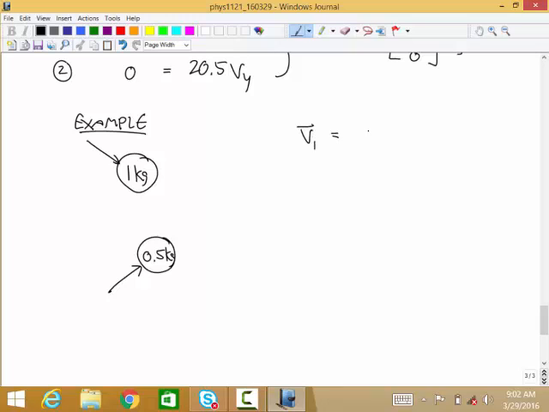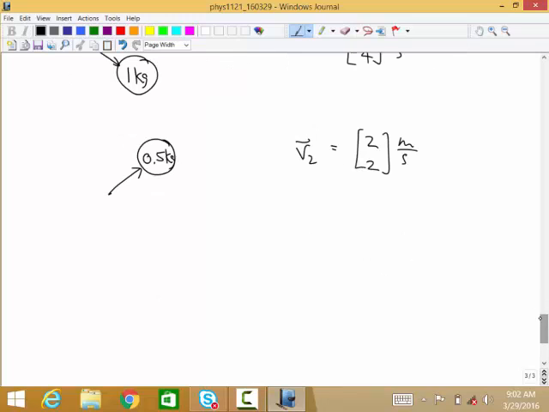Let's say that V1 is equal to ⟨3, -4⟩ meters per second, and V2 is equal to ⟨2, 0⟩ meters per second. If the objects stick together, what's the velocity vector after the collision?